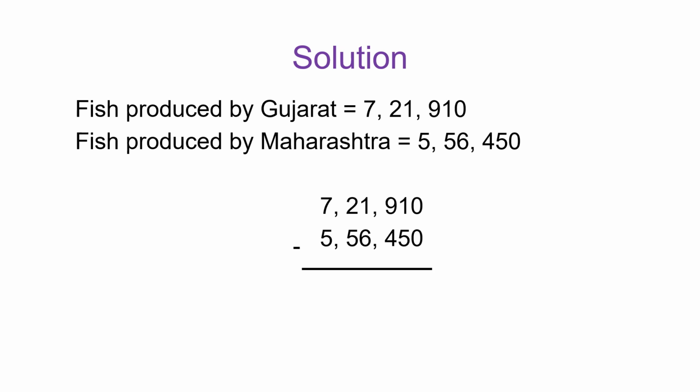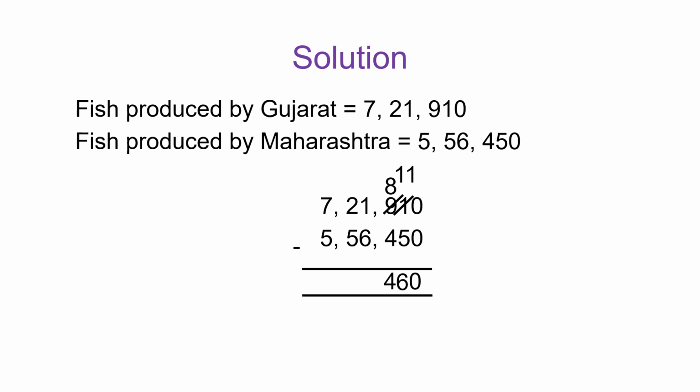Now let us subtract. 0 minus 0, 0. We cannot subtract 5 from 1 because 5 is more than 1. So we have to regroup. 9 becomes 8. 1 becomes 11. 11 minus 5, 6. 8 minus 4, 4.